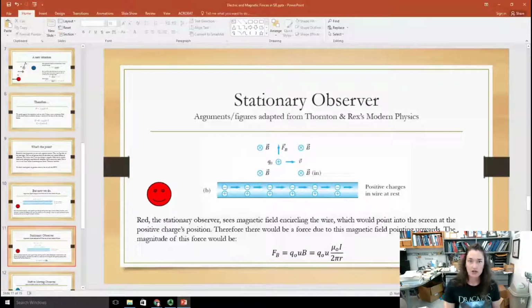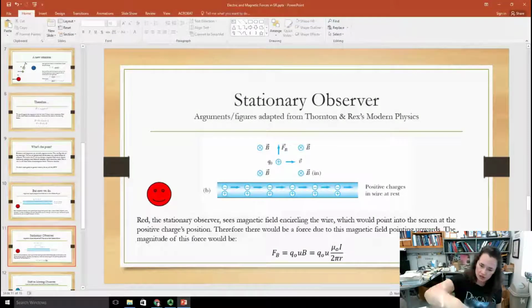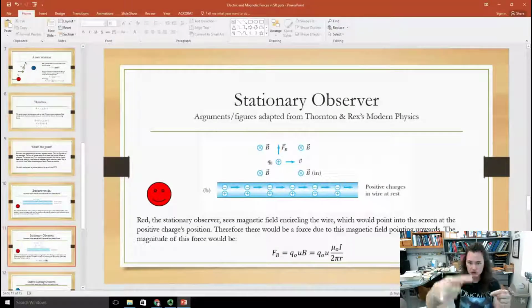Okay? Now you can take your right-hand rule. You point your thumb in the direction that the current's flowing, and you curl your fingers to indicate the direction that the magnetic field is going to curl around that wire. So at the top of the wire, the magnetic field points into the screen, and then it loops around the wire and comes out of the screen below the wire and makes circles around it.